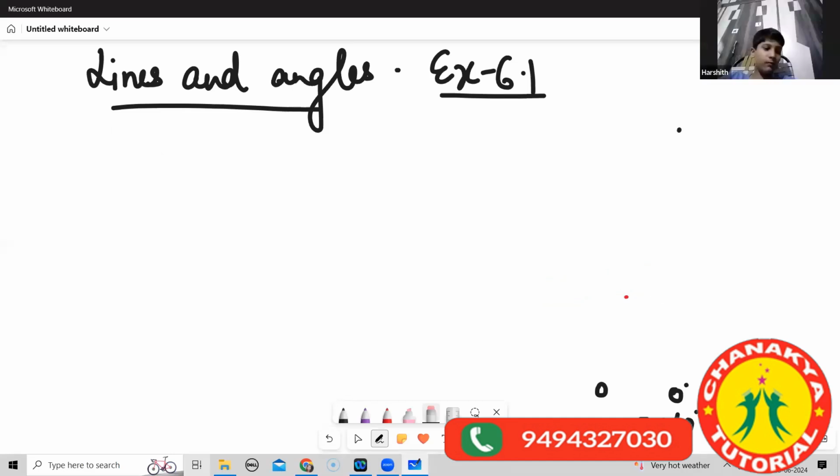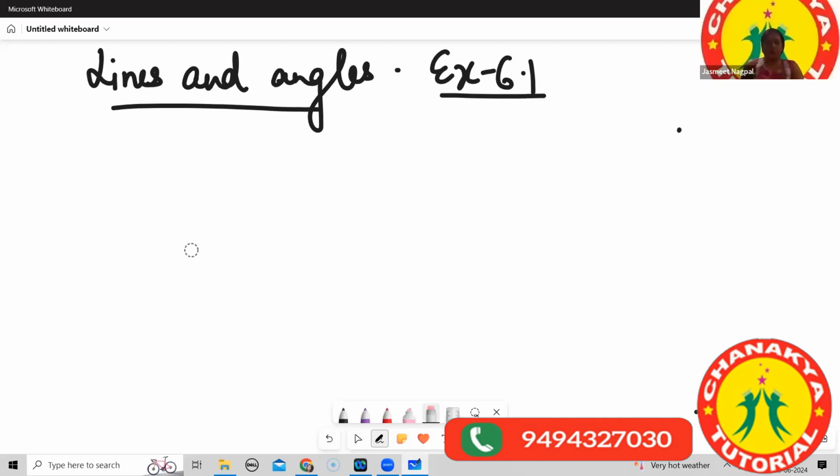Yeah, ma'am. In figure 6.14, lines XY and MN intersect at O. If angle POY is equal to 90 degrees and a is to b is equal to 2 is to 3, find c. Okay, now make the figure. Figure is given to you.